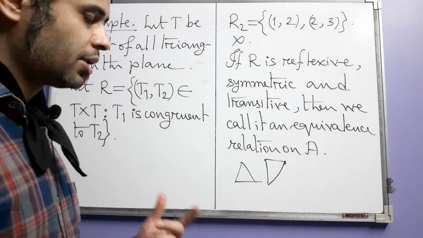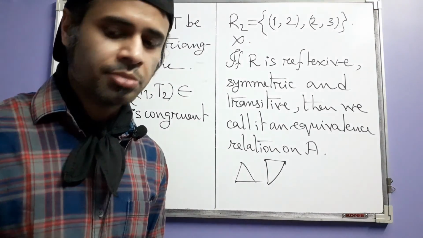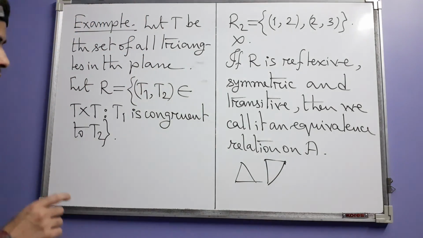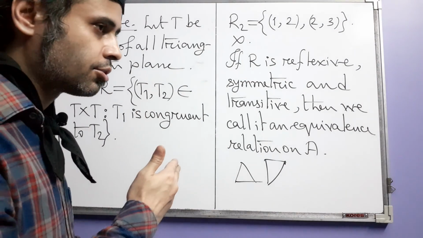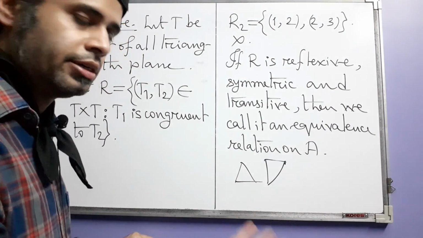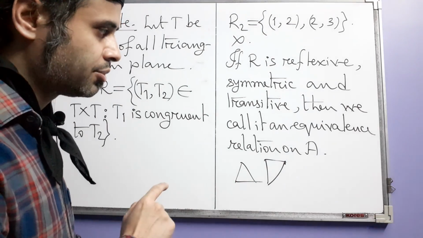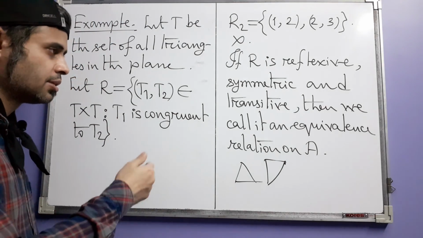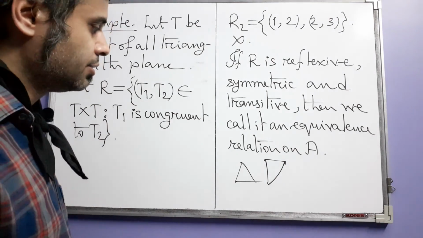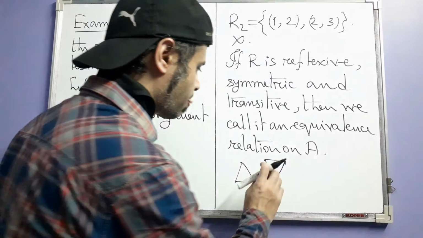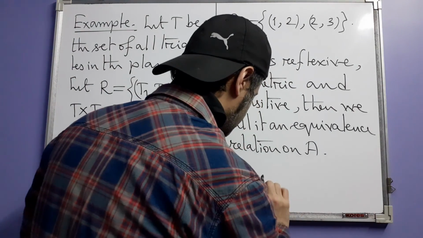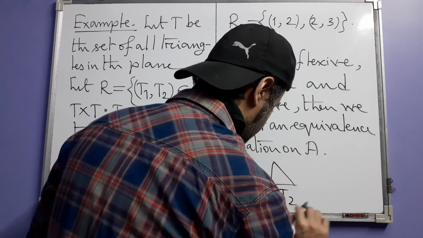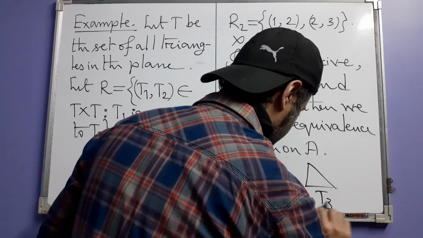Is it reflexive? Reflexivity means every triangle should be congruent to itself. Yes, that is true. What about symmetry? If T1 is congruent to T2, obviously T2 is also congruent to T1, and this happens for any triangle. And that is why the relation is symmetric as well. And what about transitivity? Say you have three triangles, T1, T2 and T3.